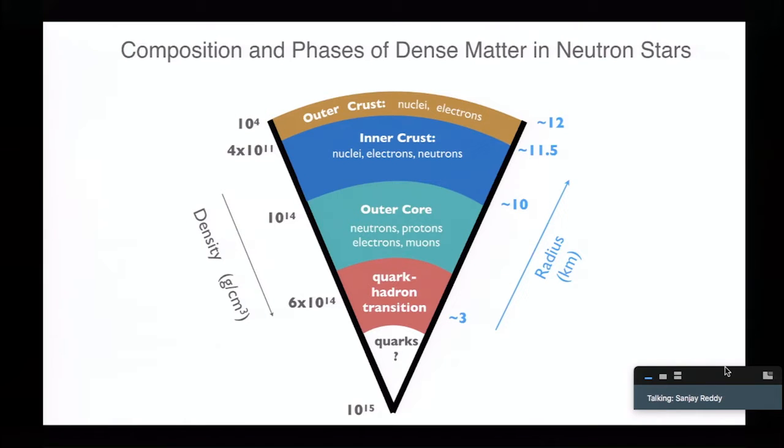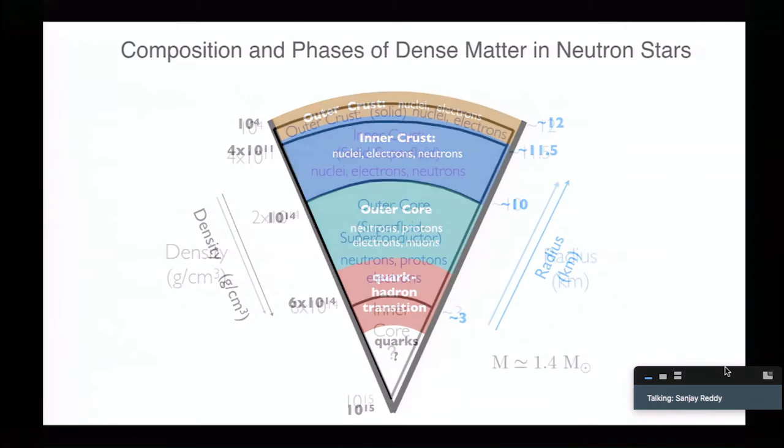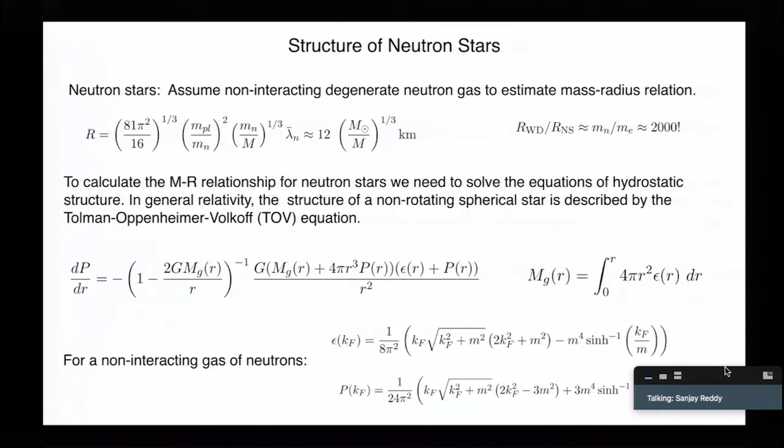Okay, so we have been discussing various layers of the neutron star, starting from the outer regions. We talked about the outer core yesterday, and we'll continue discussing this. Yesterday, we talked about the structure of a neutron star.